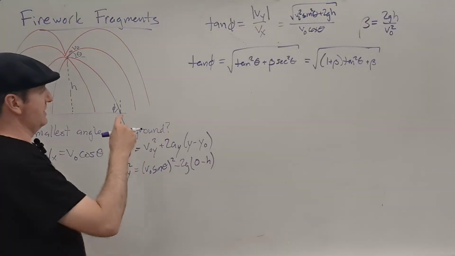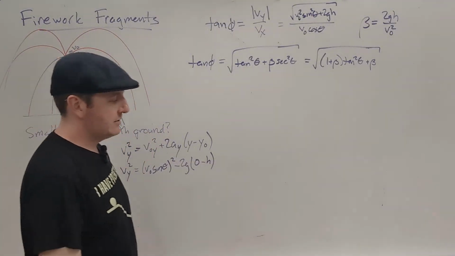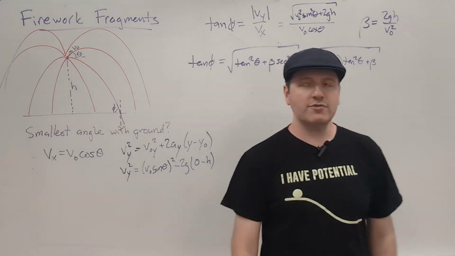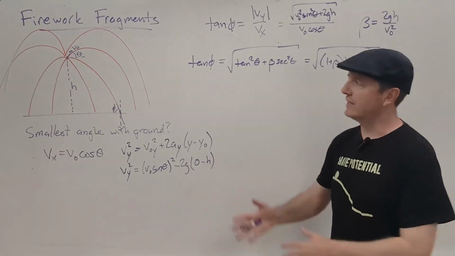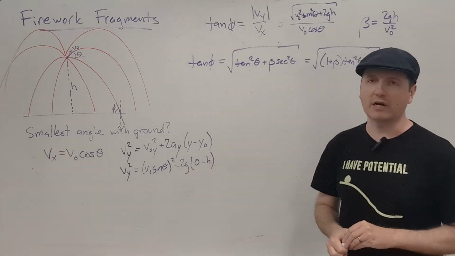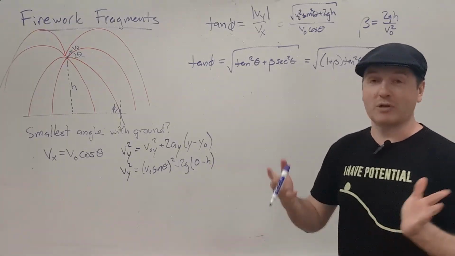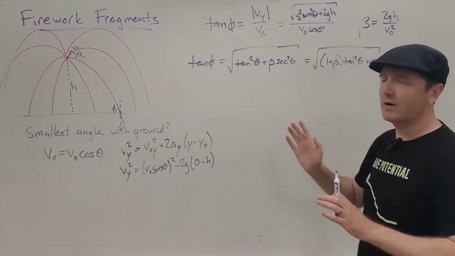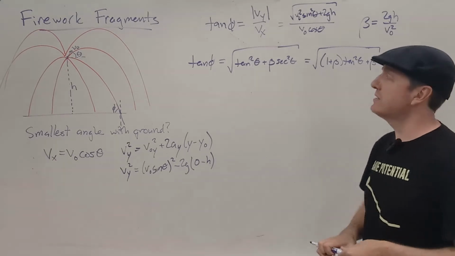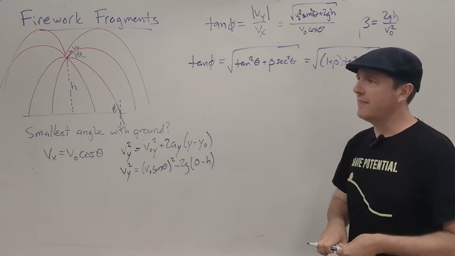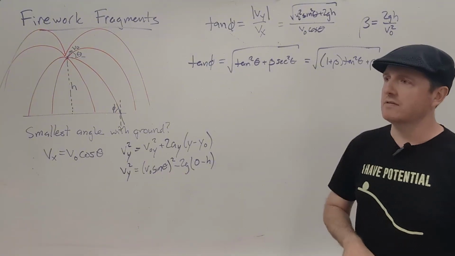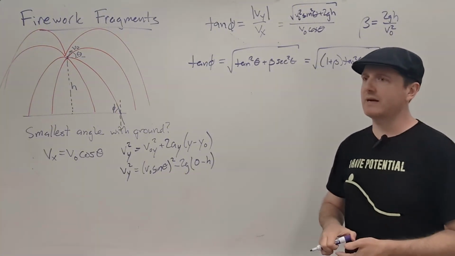I want to minimize this angle, and because tangent is an increasing function, at least over the domain of interest for us, we're only looking for 0 to 2 pi. Actually, it's always increasing, but we're staying away from all the asymptotes. Since tangent is increasing, then maximizing phi is the same thing as maximizing tan phi.